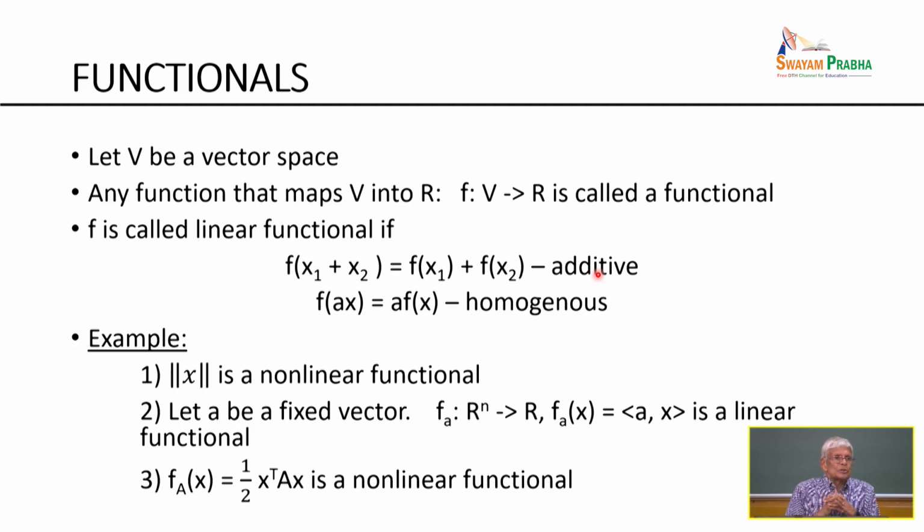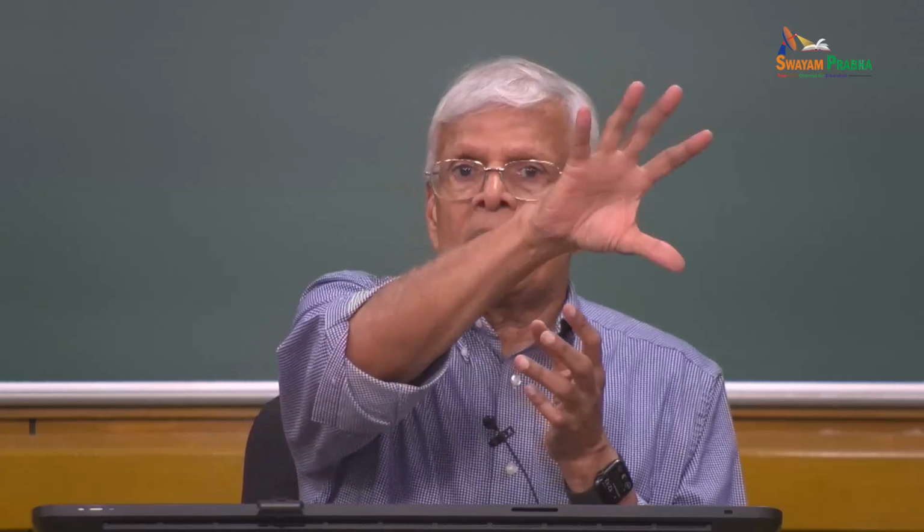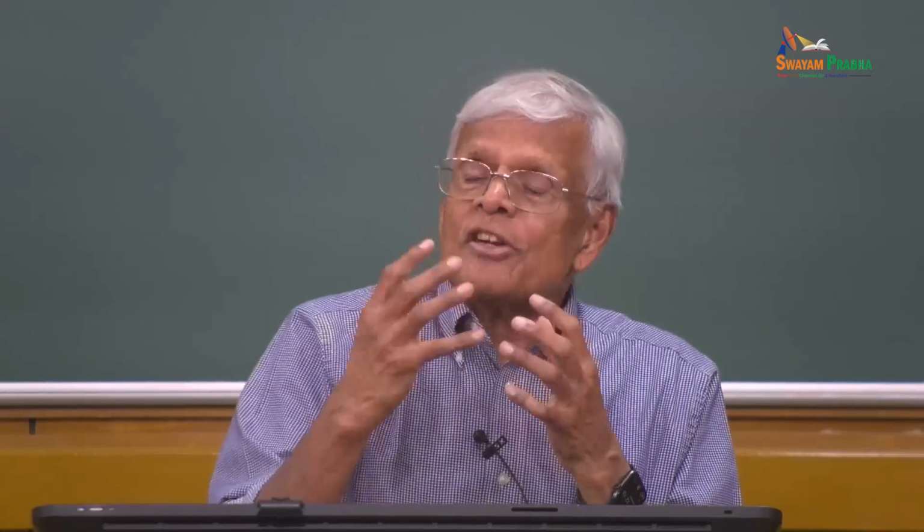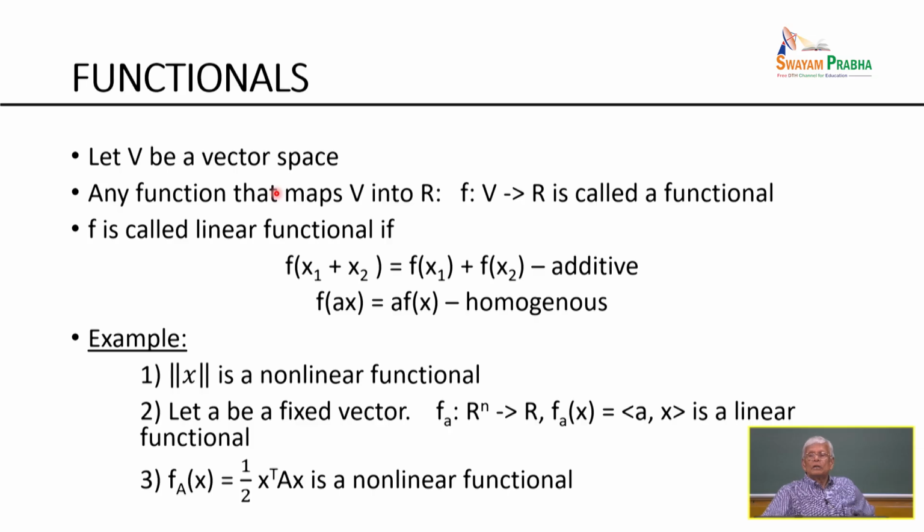Now we are going to go to the next concept called functionals. Function, functional. That's a characteristic difference. I'm sure you all know how to define a function, right? There is a domain, there is a range, and there is an association with that. Functionals are special forms of functions. So functionals are functions defined over a vector space which take values in the real domain.